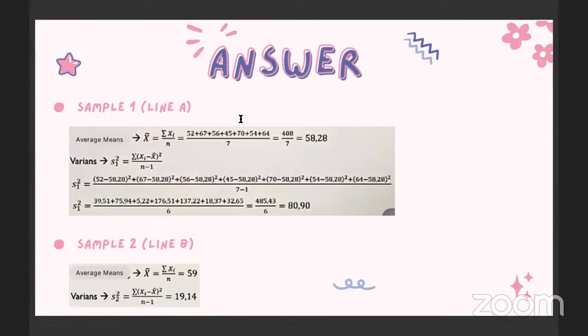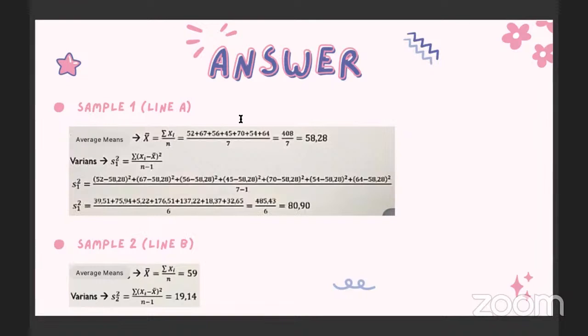The data is as follows: 52 minus 58.28 squared plus 67 minus 58.28 squared plus 56 minus 58.28 squared plus 45 minus 58.28 squared plus 70 minus 58.28 squared plus 54 minus 58.28 squared plus 64 minus 58.28 squared, divided by 7 minus 1.